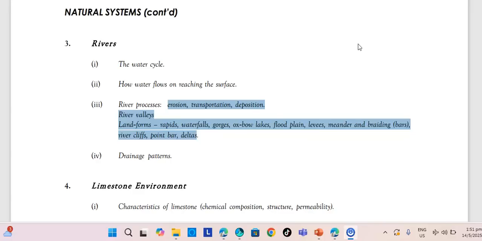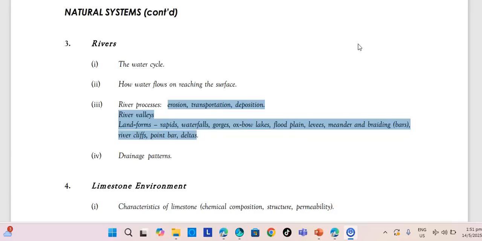Now the river moves this material downstream. Example of transportation: pebbles rolling along the riverbed. Have you ever seen pebbles rolling along the riverbed? That would be an example of transportation. The river is carrying away the material it has eroded.